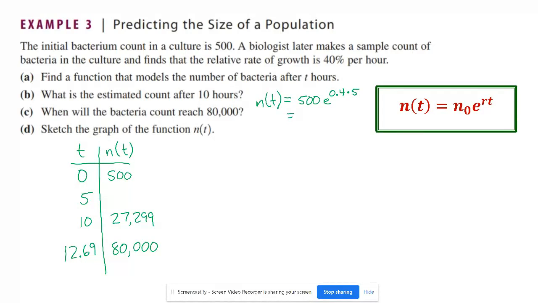And that works out to 500 times e squared. And it ends up being about 3,695. Okay, so that's 4 points.